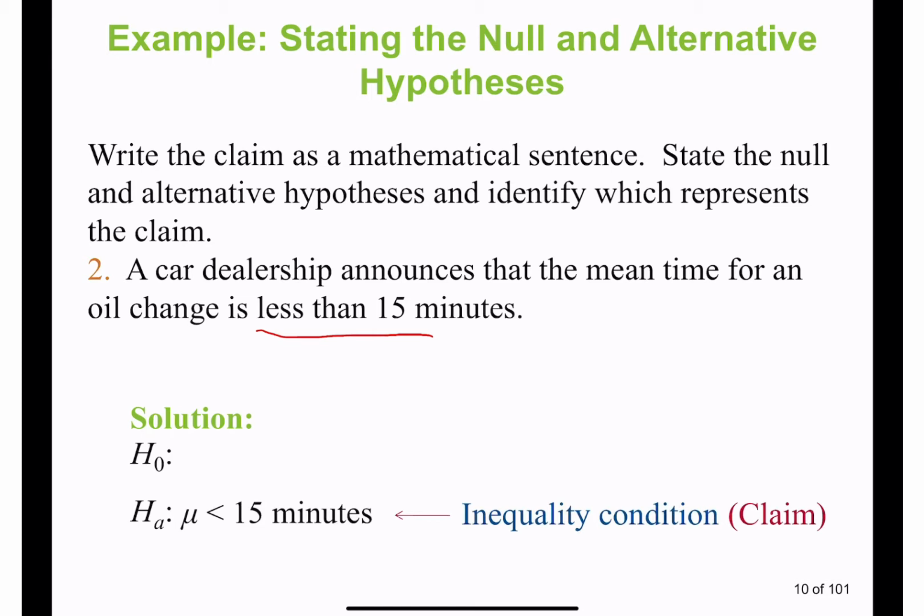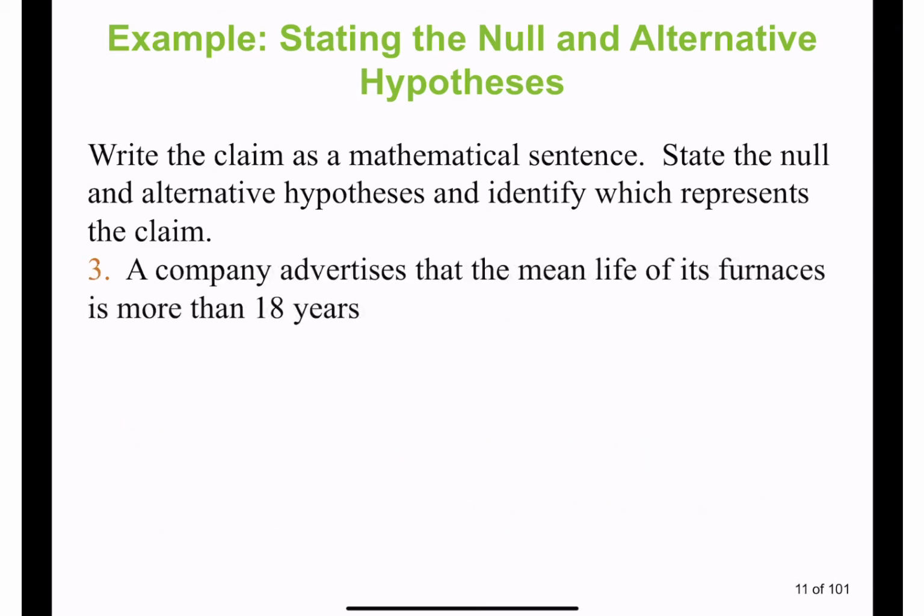Look, it says mu is less than 15, and this is the claim. All right? And null accordingly will be mu greater equal 15 minutes. Null always going to carry equal sign. Next one, a company advertises that mean life of its furnaces is more than 18.